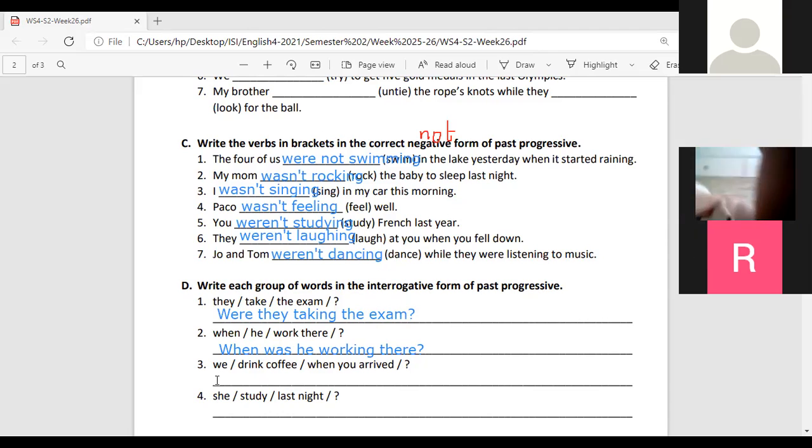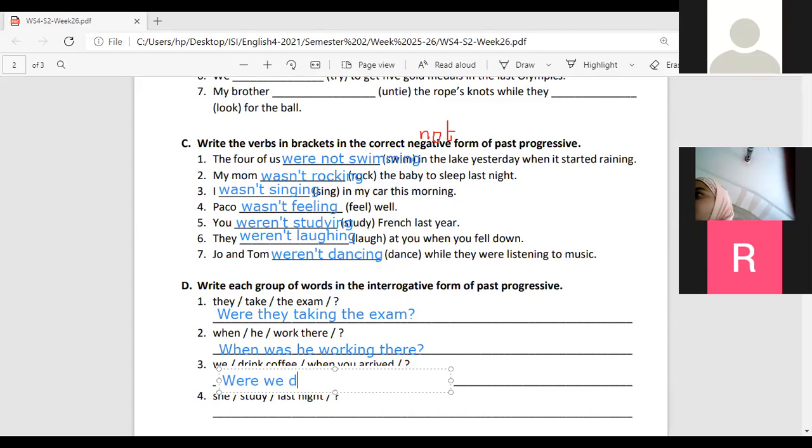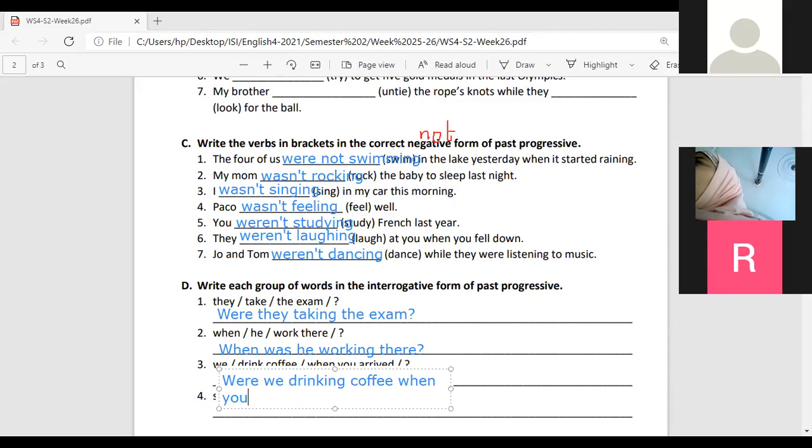We don't say we were, since I want it in the interrogative form, we say were we. Were we drinking coffee when you arrived? So that's how I formed the question.